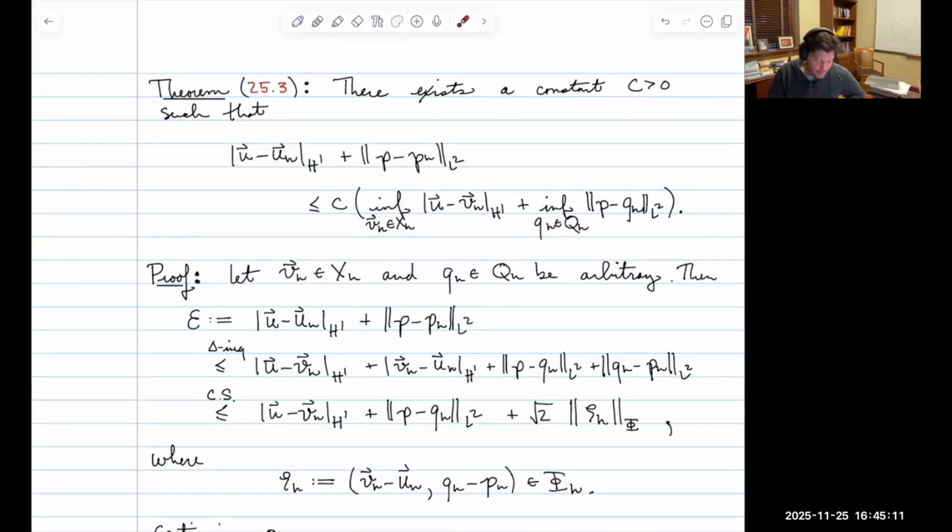All right, so the next thing we want to do is establish this Cea-type lemma. I just realized, looking at the hypotheses of this theorem, that I haven't stated my assumptions very well. This is kind of outside my character. So let me tell you what the assumptions are. Basically, we're assuming that XH and QH form an inf-sup stable pair.